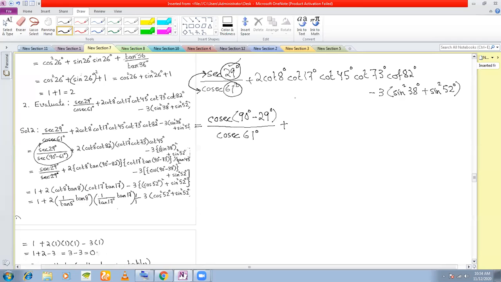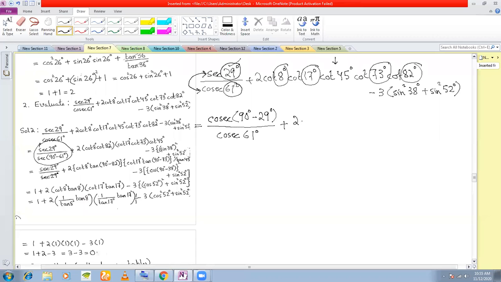So you see that 82 and 8, these two angles add up to 90 degree. 17 degree and 73 degree add up to 90 degree. And the only remaining one is cot 45. But you know that cot 45 is equal to 1 by tan 45, and tan 45 is a standard angle. What is the value of tan 45? 1.